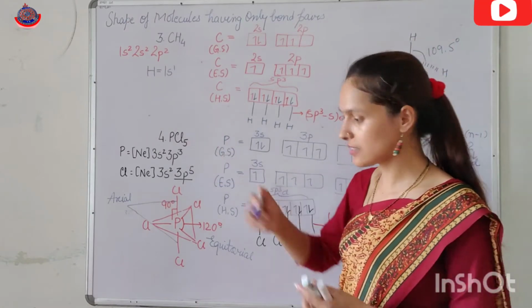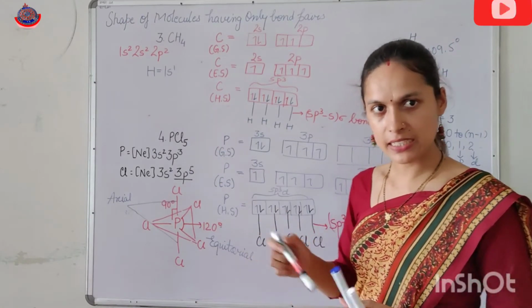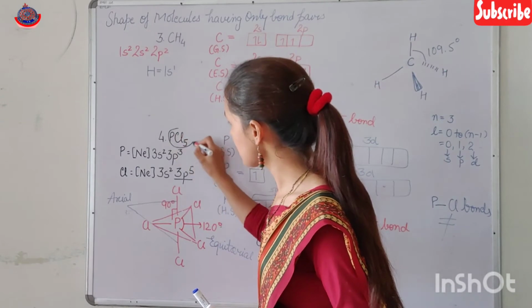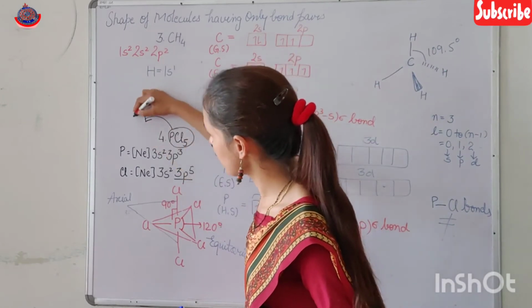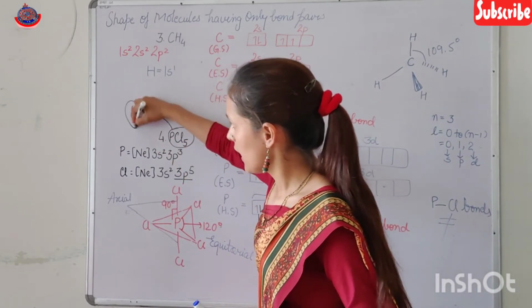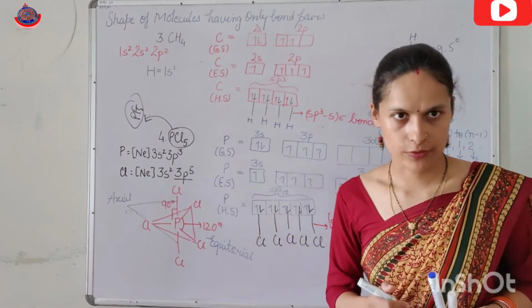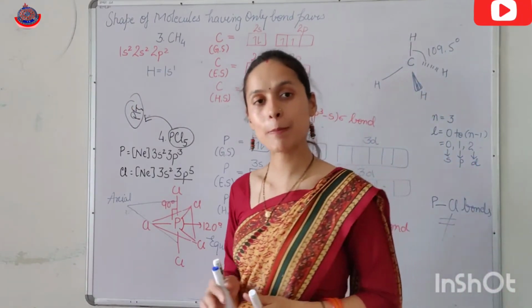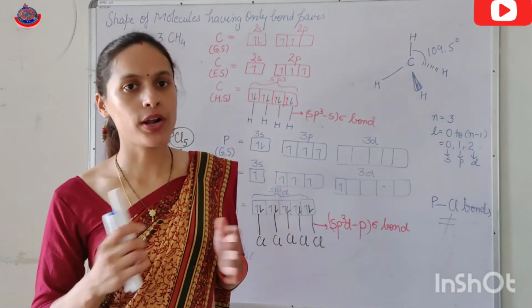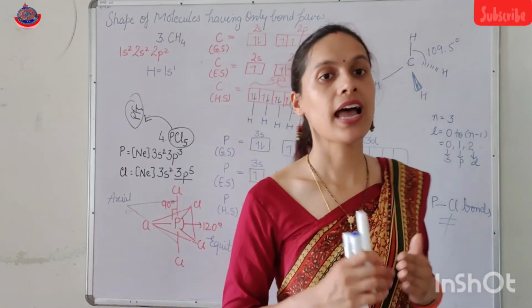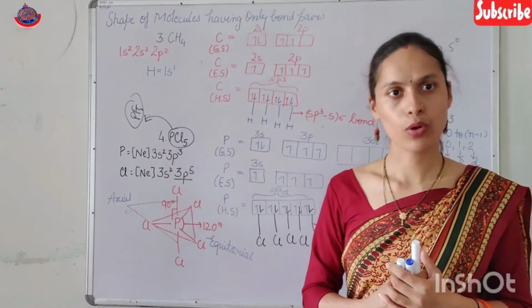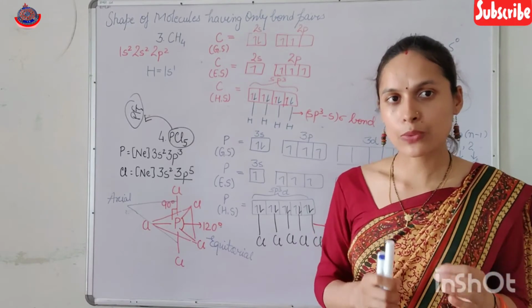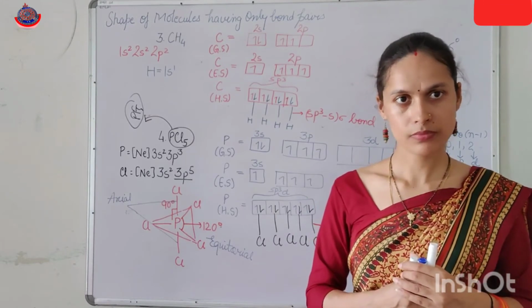here it is PCl5, but in this we have an exception, that is PF5. If we talk about PF5, in PF5 all the bond lengths are equal.